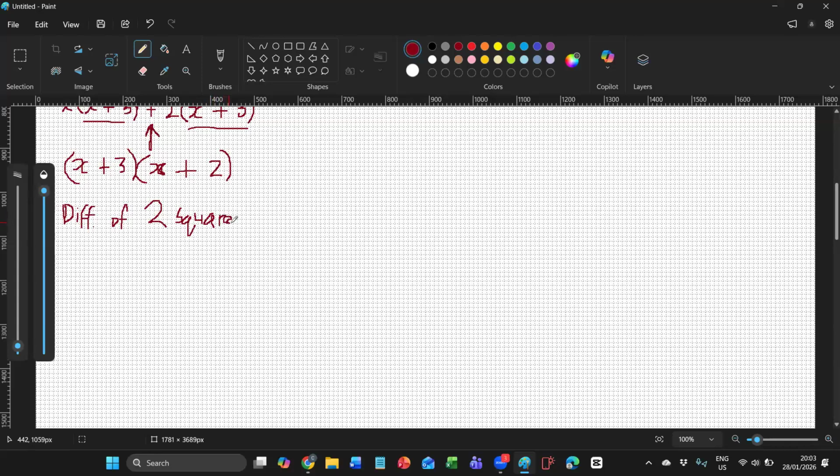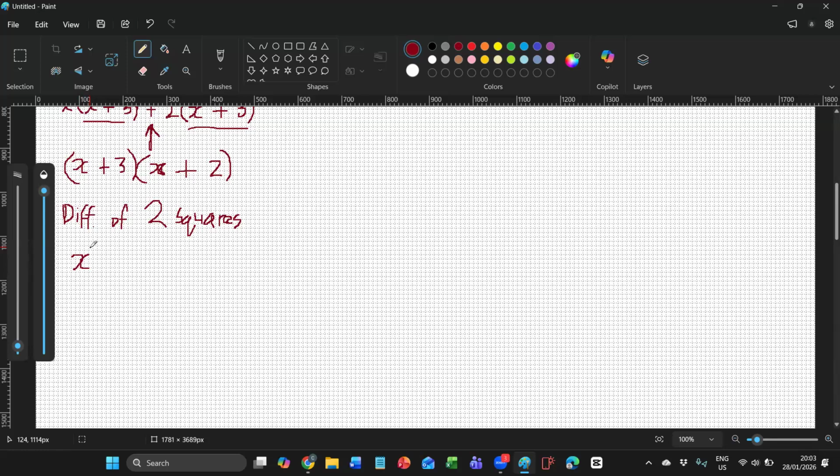So how does it look? The name gives itself away. Two squares, difference of two squares. That means difference is the answer of subtraction, isn't it? Squares is when something multiplies itself. So I can give you an example. Usually the questions around it are to factorize it or expand.